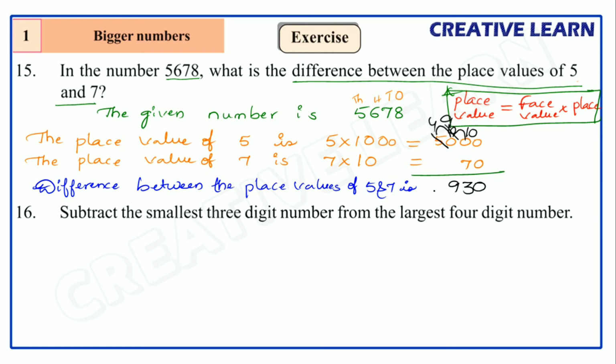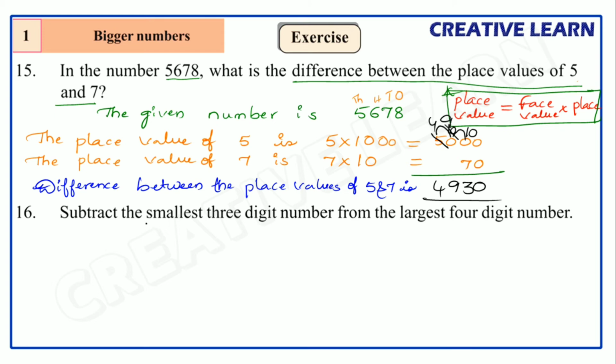So here remains 4. So what is the required number? 4930 is the required answer. The difference between the place values of 5 and 7 is 4930.